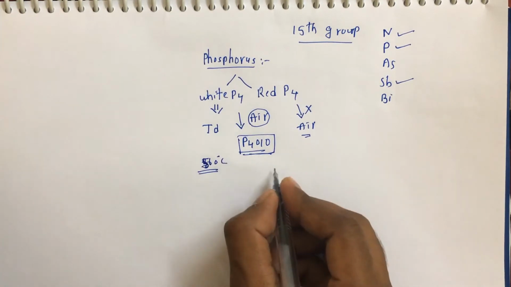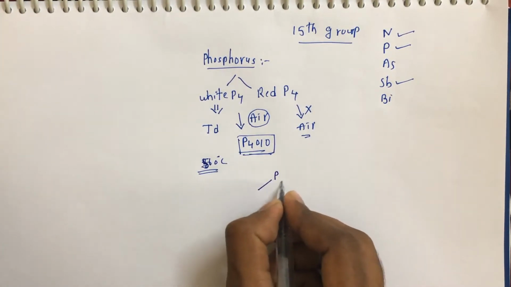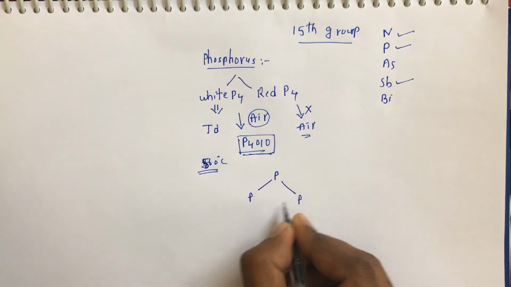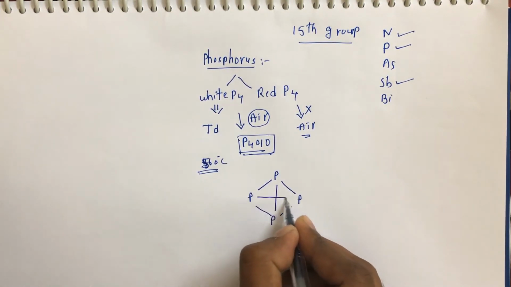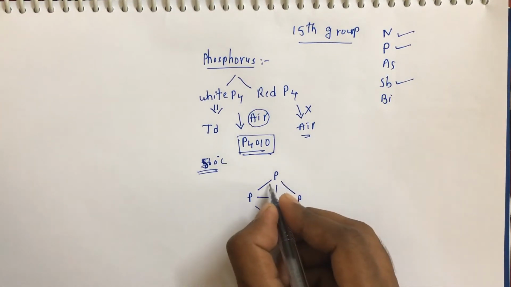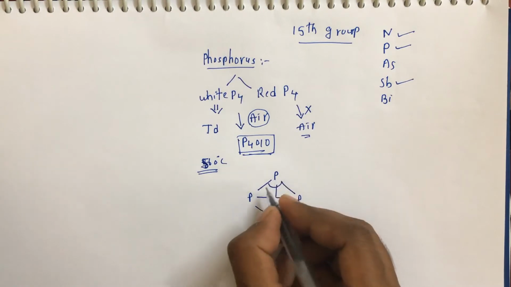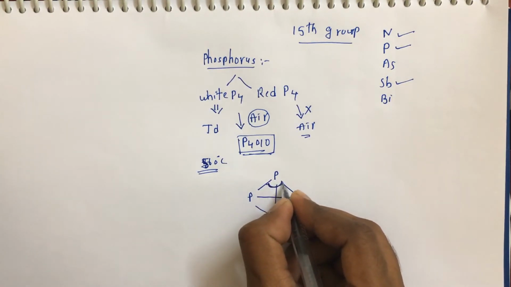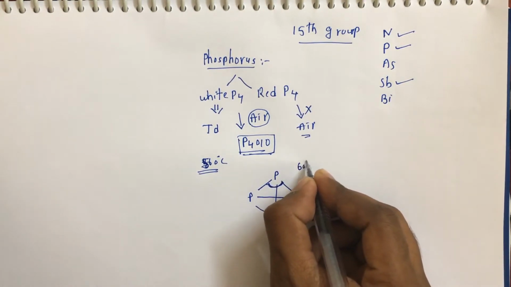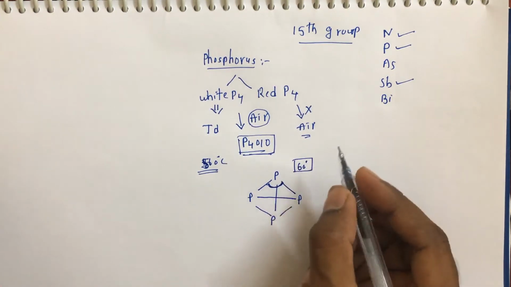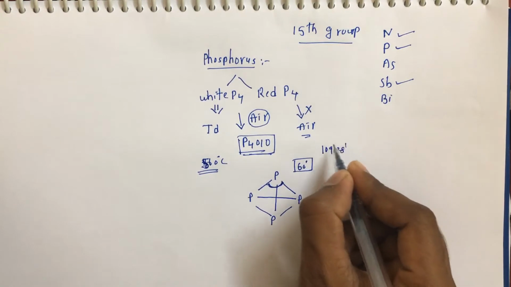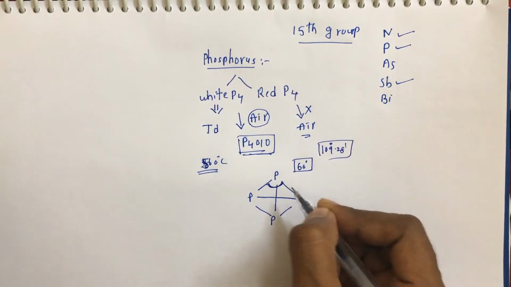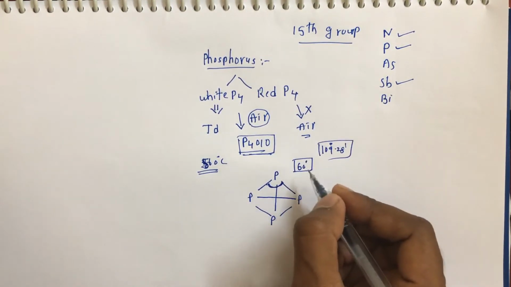It has a tetrahedral structure like this, and the bond angle between this bond and this bond is 60 degrees. Tetrahedral should mean 109.28, but in P4 the bond angle is 60 degrees only.